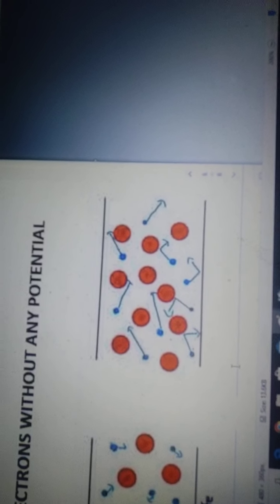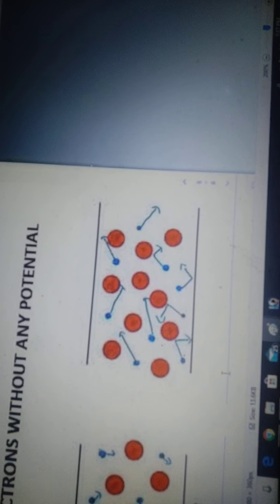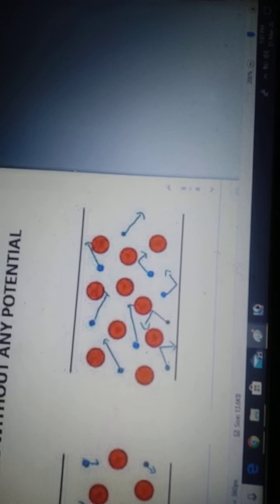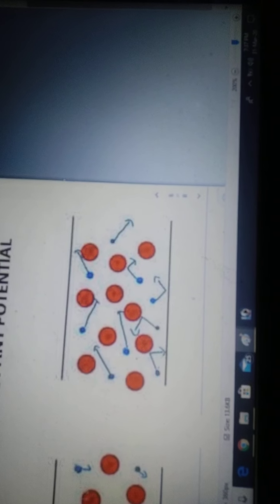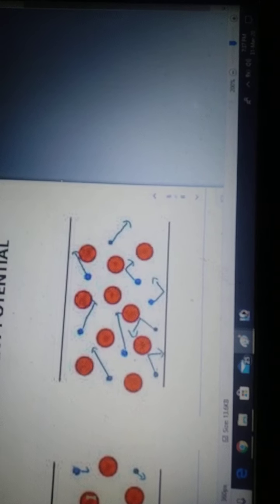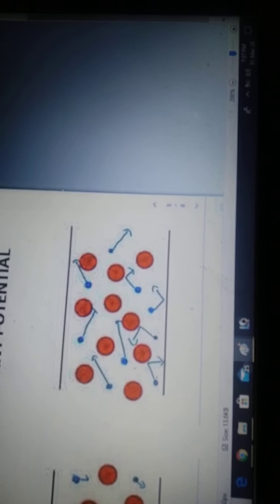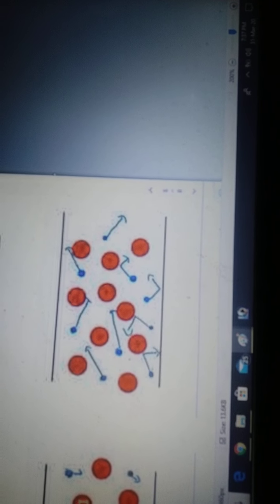If you can see on the computer, this is a photo of a metal which has electrons denoted by these blue dots, and atoms denoted by the red circles. So this is the structure of any conductor. A conductor has atoms and free electrons.